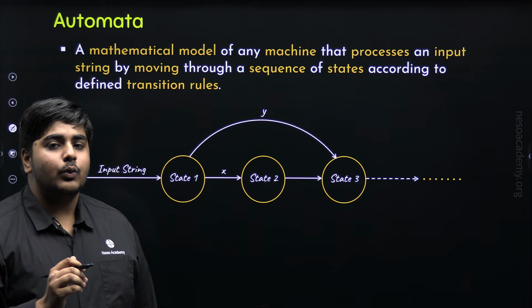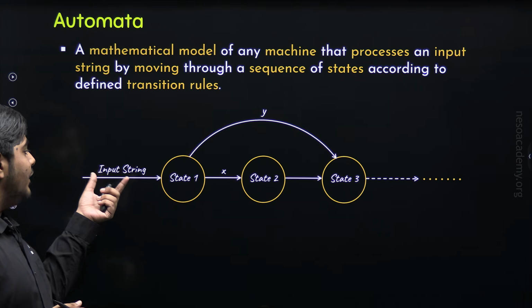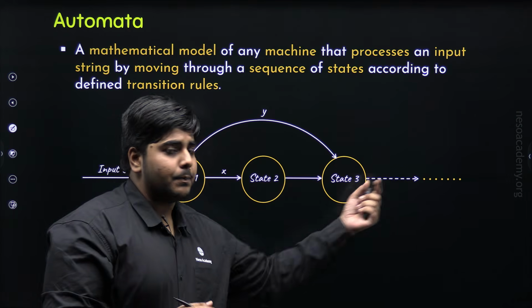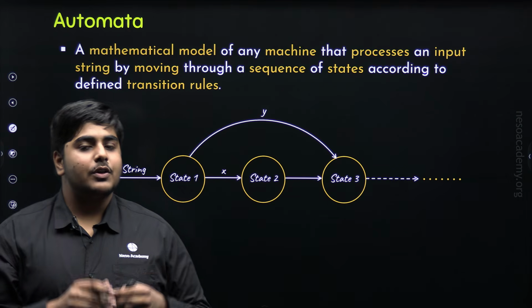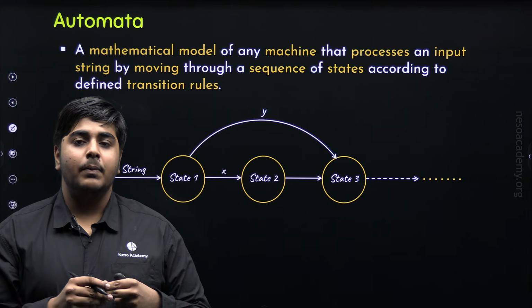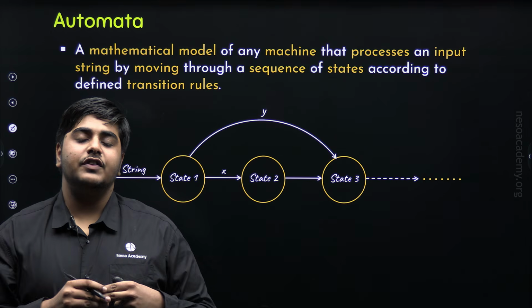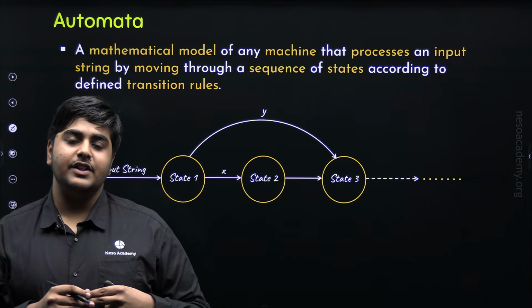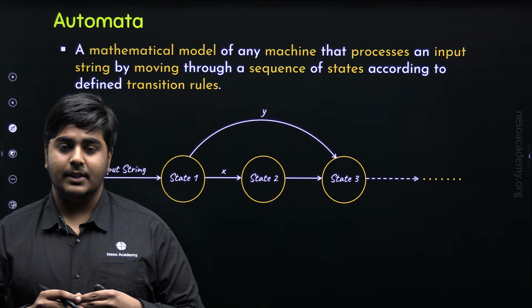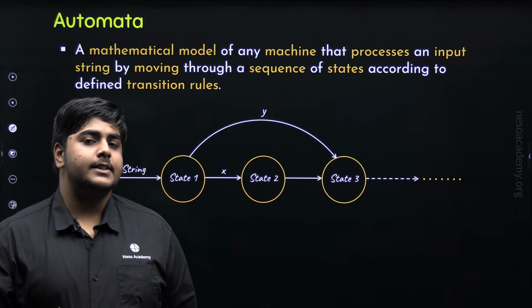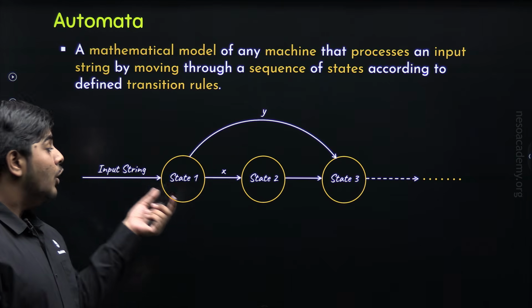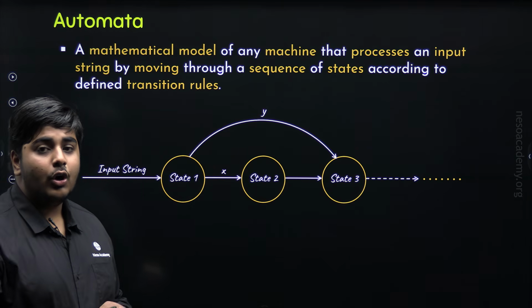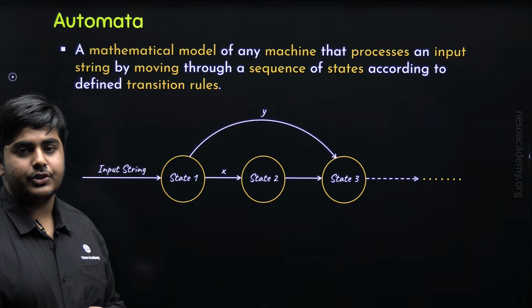Now, if I ask you, when will the processing of this input string stop? Processing of this input string will stop once all the symbols of this input string get processed. And when all the symbols of this input string get processed, there will be 2 possibilities. Either our automata will accept this input string or it may reject this input string.